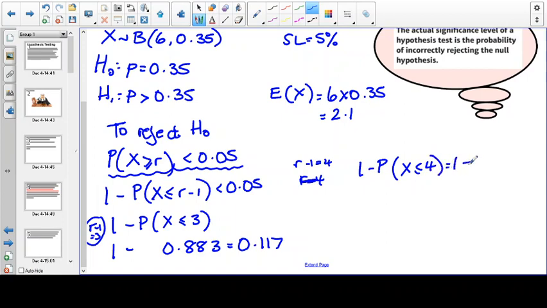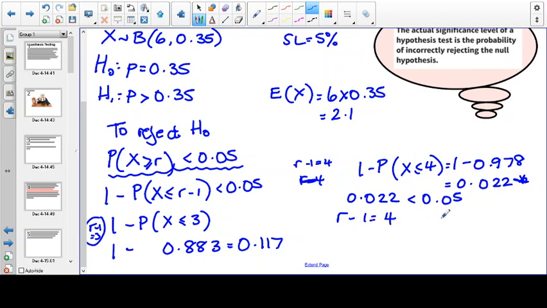is 1 minus, stick 4 in, 0.978, which is 0.022. This is less than 0.05. So 0.022 is less than 0.05. That's the one we want. R minus 1 equals 4.